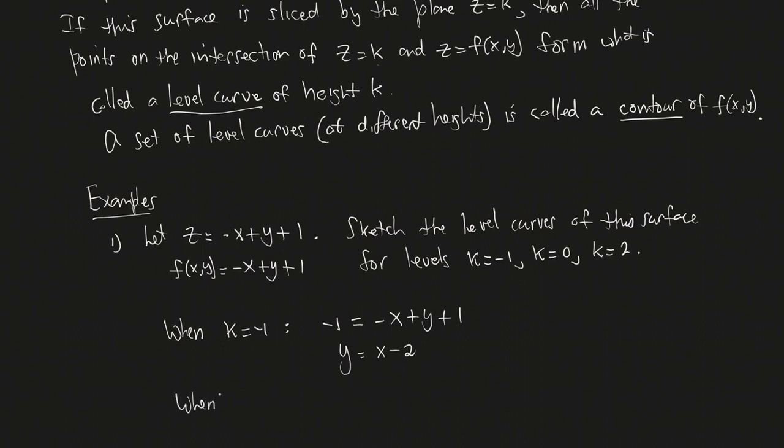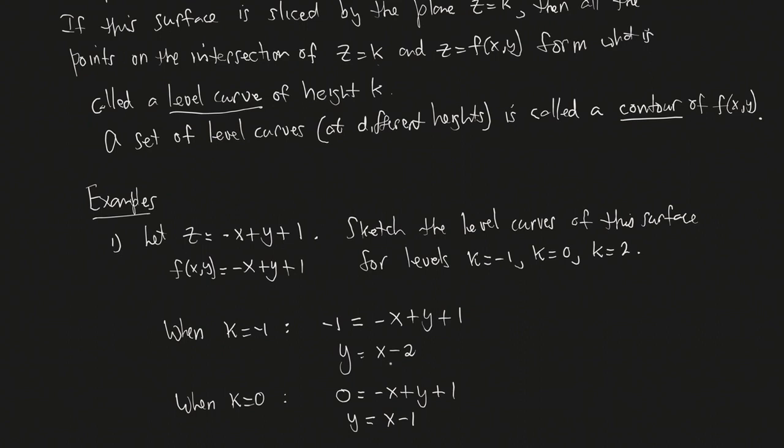So let's see what the level curve is when k is equal to 0. At this height, essentially we're at sea level, so our z is 0, and we would have negative x plus y plus 1. Doing the same trick, what do we end up with now? y is equal to x minus 1.